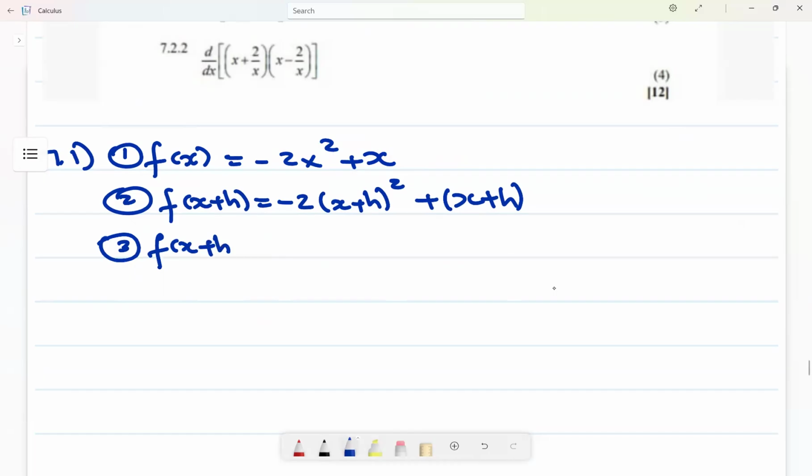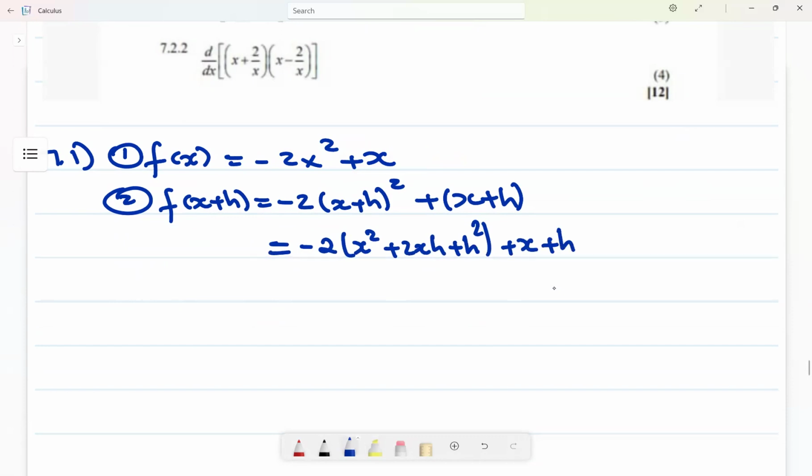f of x plus h minus f of x is equal to, oh, okay, we forgot to simplify f of x plus h. This is going to be negative 2x squared plus 2xh plus h squared, plus x plus h. Negative 2x squared minus 4xh minus 2h squared. Do not forget this negative sign. It is very important. You miss it, you are out.